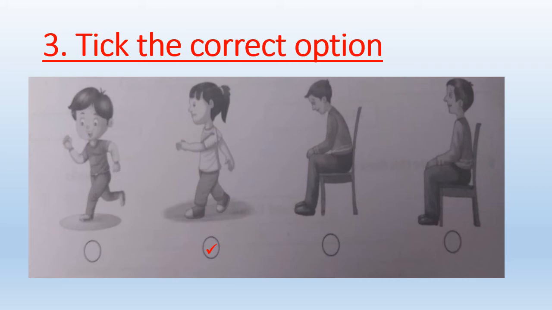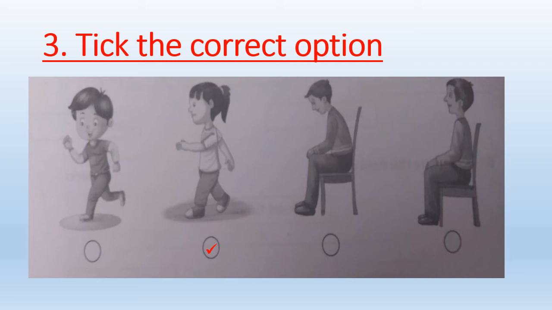Students, while sitting, we should sit with our back straight and shoulders back. Our back should be straight and our shoulders should be at back. We should make sure that our body weight is distributed evenly on both the hips. We should keep the height of our knees even with our hips as well, and we should rest our feet flat on the floor.